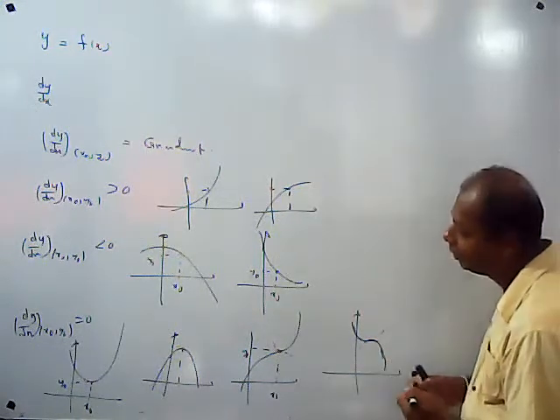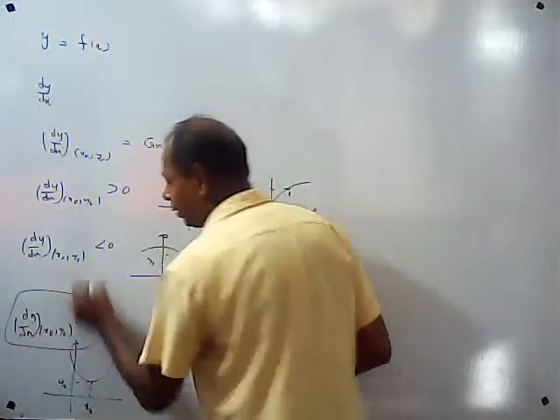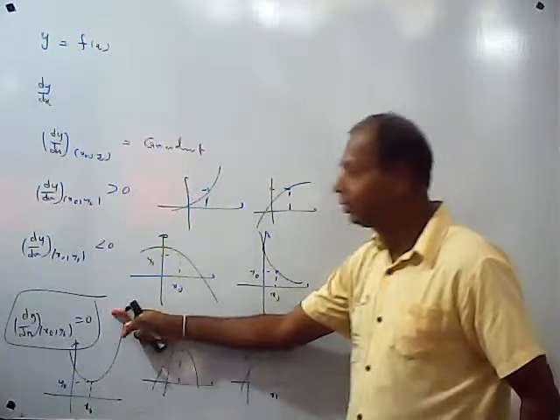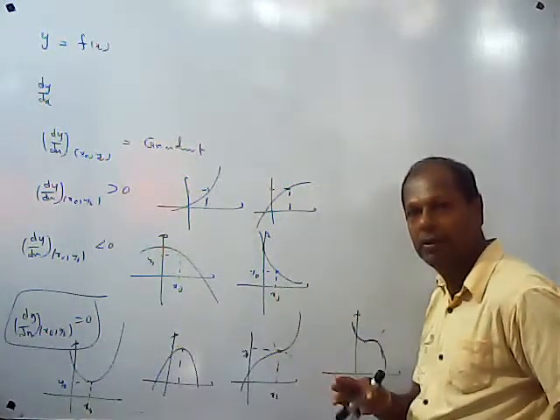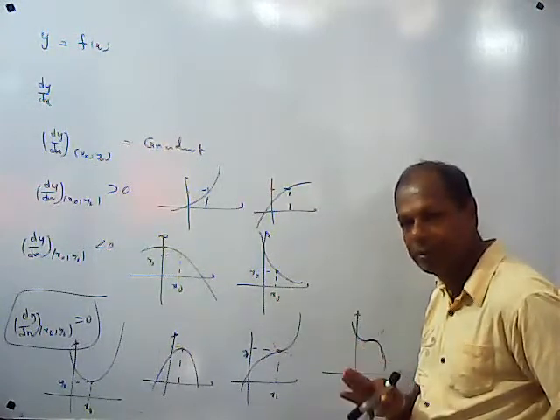Like this, right? First, we identify if there is a stationary point to the curve using this. If at (x0, y0), dy/dx is equal to 0, there is a stationary point.